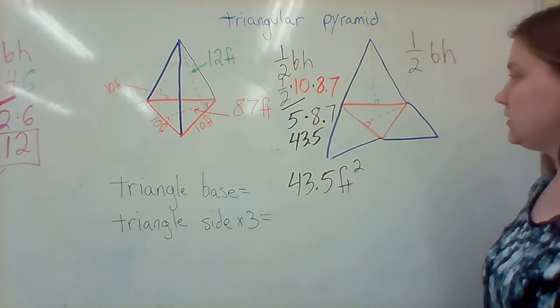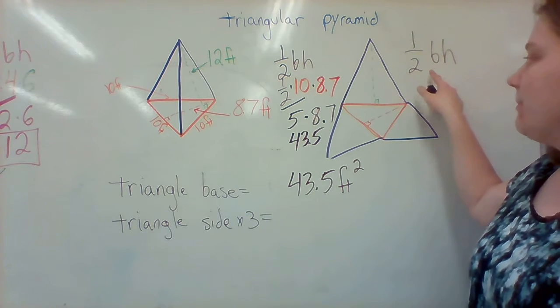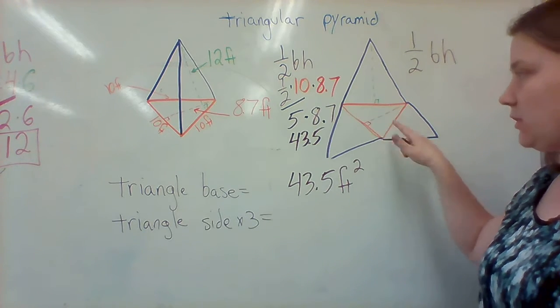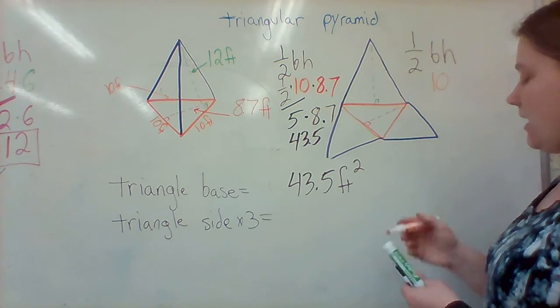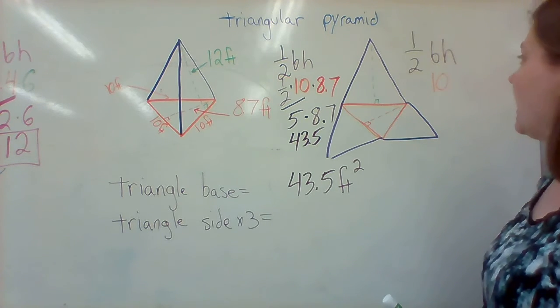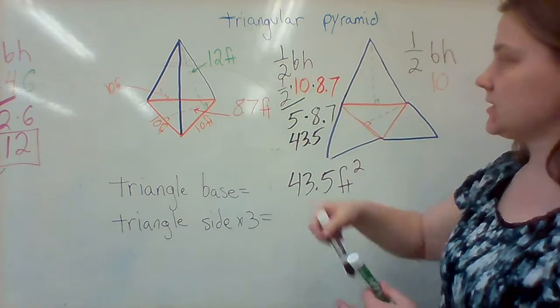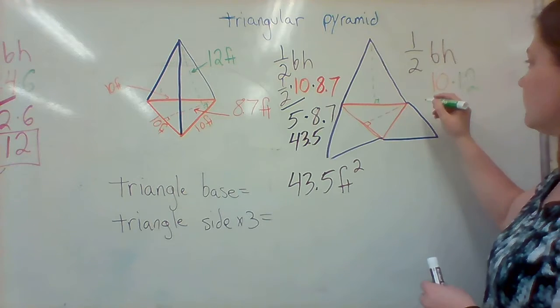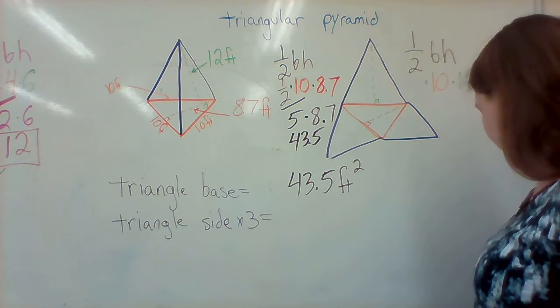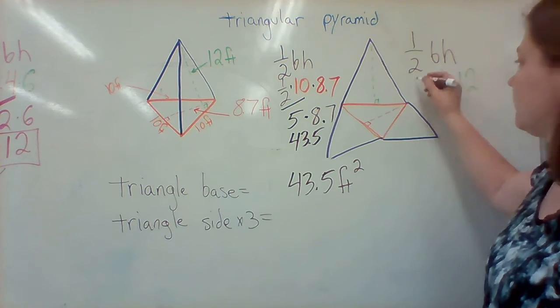First we need to plug in the base of the triangles, which are all still 10. And then we need to plug in the height. The height of these triangles is 12. Then pull that half in there from the formula.